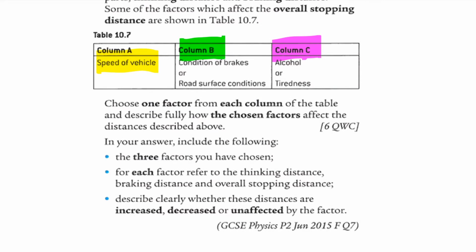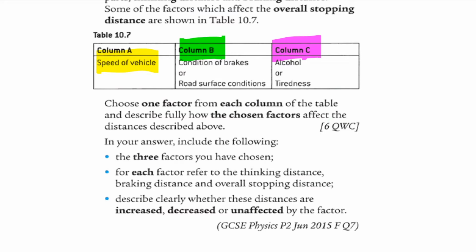You've almost got to be like a detective to work out what you'd get those 6 marks for. And remember, in these 6-mark questions, 1 or 2 marks will be for the QWC, quality of written communication. That's your SPAG, or spelling, punctuation and grammar.